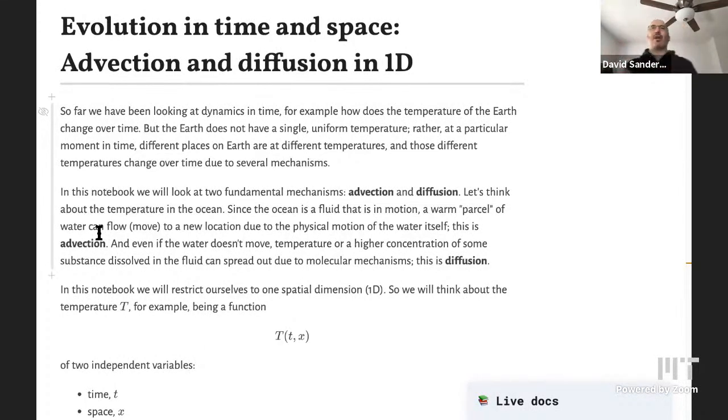Then we added carbon dioxide greenhouse heating, which is also a function of time. But as we saw in the previous lecture, in the snowball Earth model, that leads to two possible equilibrium states.